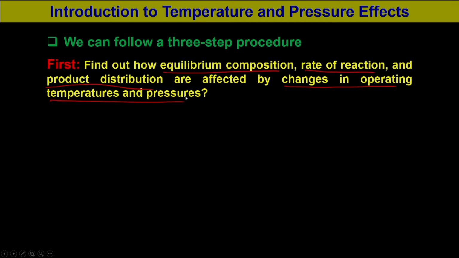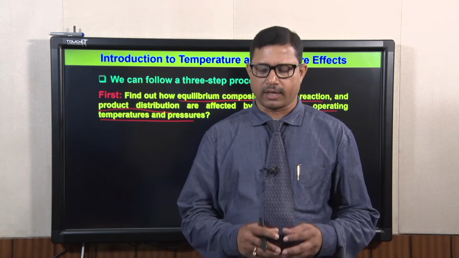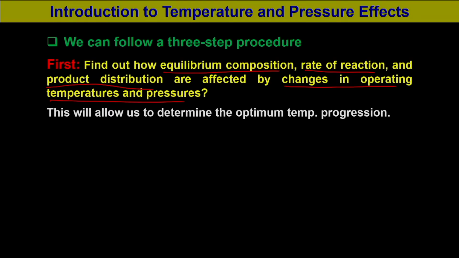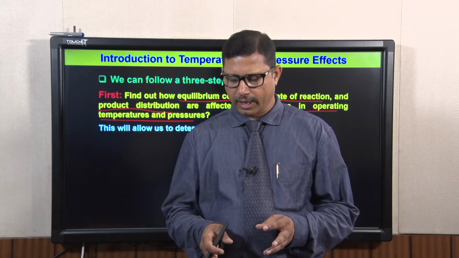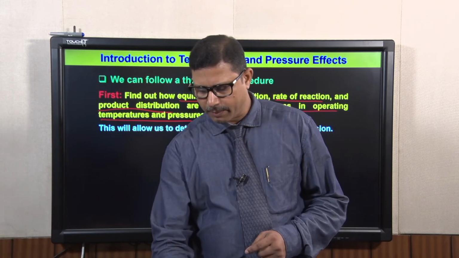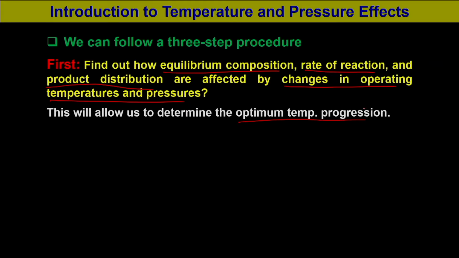So, initially we have to find out how the equilibrium composition, rate of reaction and product distribution change with operating conditions like temperature and pressure. This will allow us to determine the optimum temperature progression. So, with increase of temperature, how they are changing, and from that we can calculate the optimum temperature, how they progress for every step.